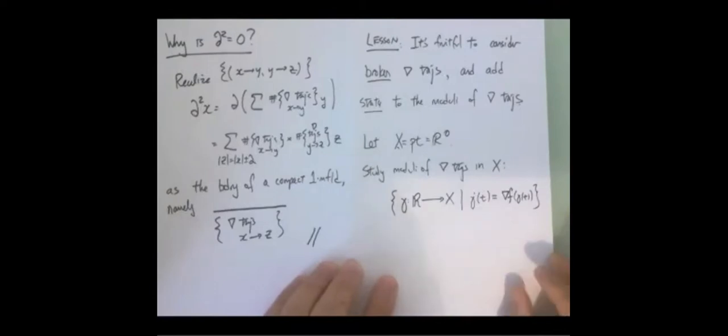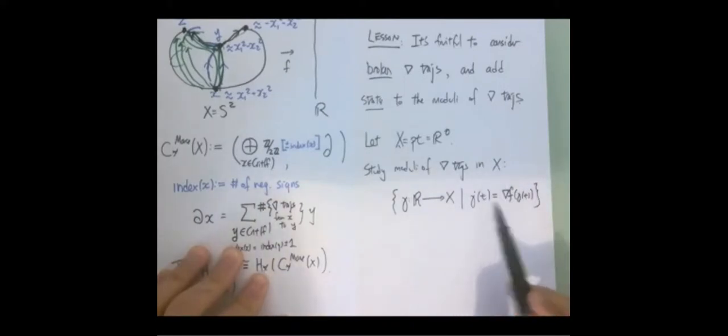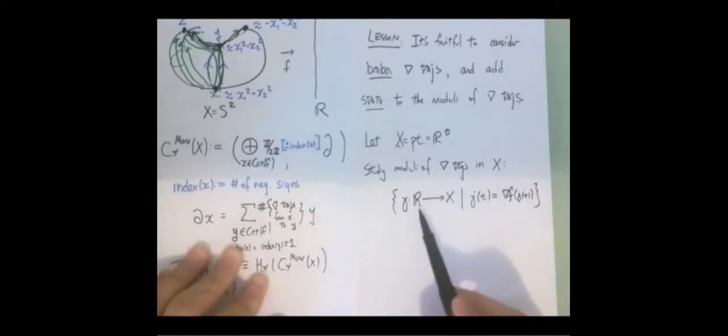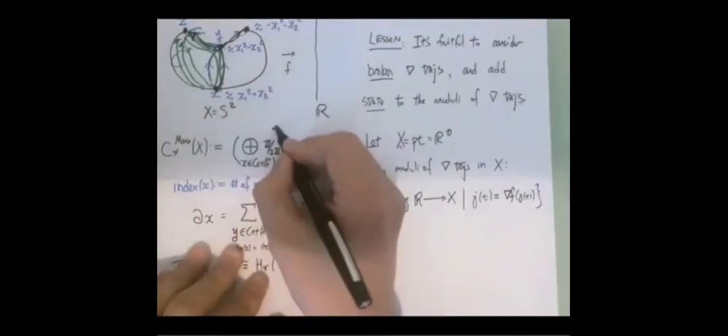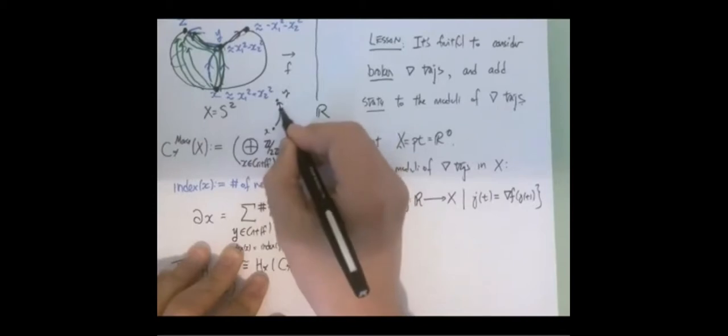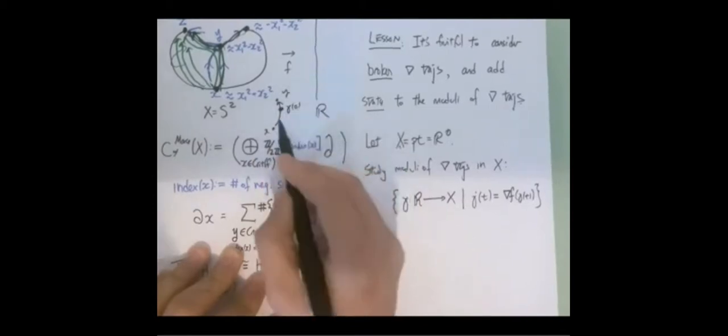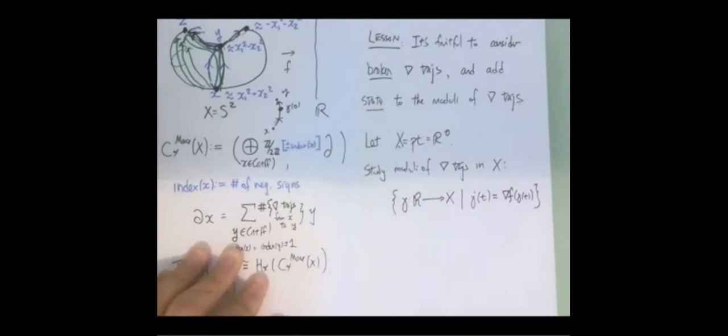And one thing that I want to point out here is I lied to you earlier when I said that I was counting gradient trajectories from x to y. Why is this a lie? Well, if you look at this differential equation, it's clearly translation invariant in the domain, right? Once I solve an ODE like this, it's up to me where I want time 0 to be along the trajectory. So when I have this green gradient trajectory from x to y, it's up to me whether I want this to equal gamma of 0 or whether I might want this x out point to be gamma of 0.